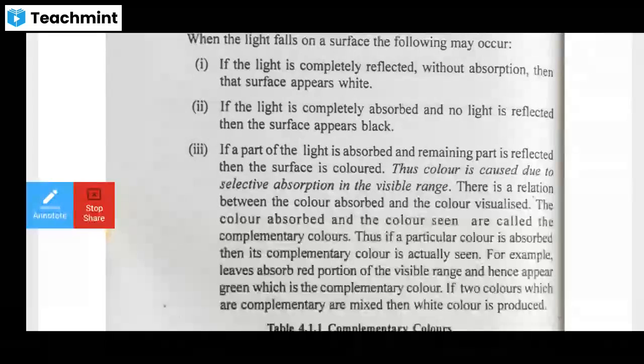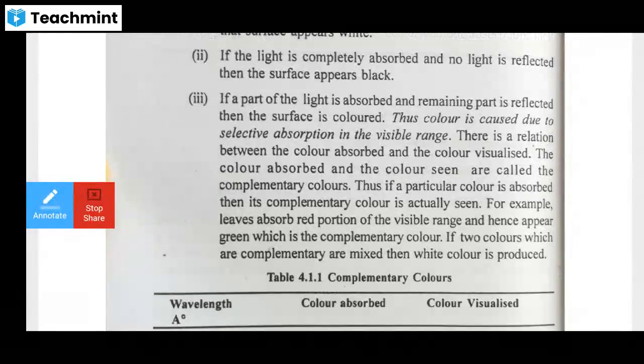If the light is completely absorbed, because this phenomenon of light absorption and reflection is most important. If we have 7 colors and light falls on them and is reflected, and our eye catches those wavelengths, the eye can easily identify the 7 colors.